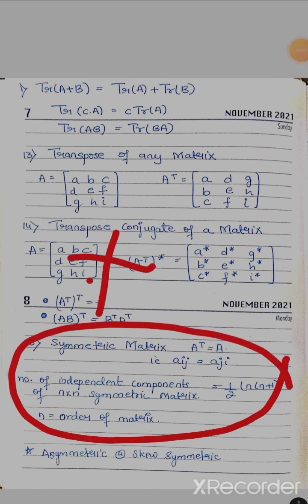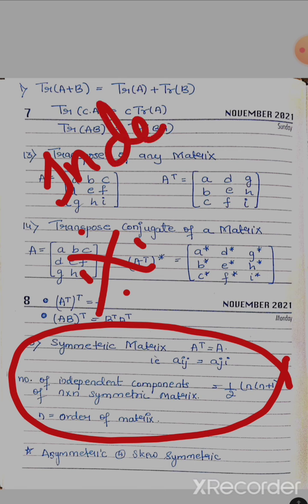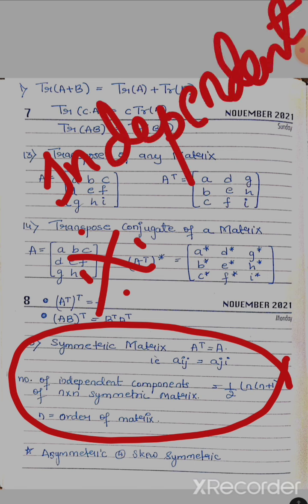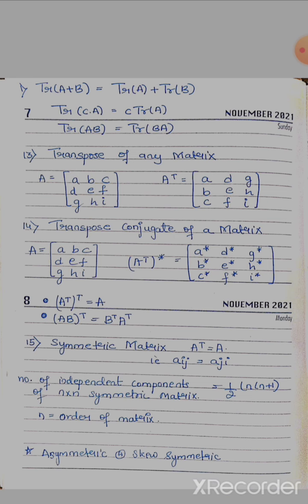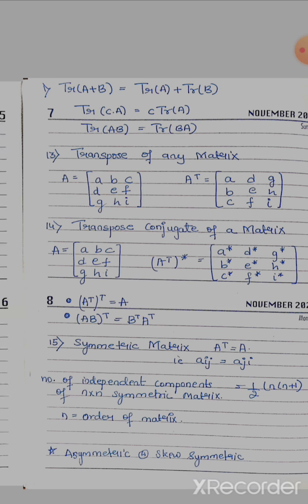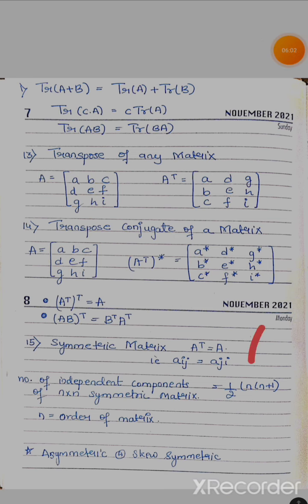They have asked questions based on finding the independent components for the symmetric and the non-symmetric matrix. So it is important for you to know how to find the independent components: 1 by 2 into n into n plus 1, where n is the order of the matrix. Okay, this is important, remember this.